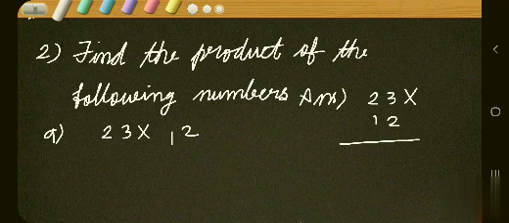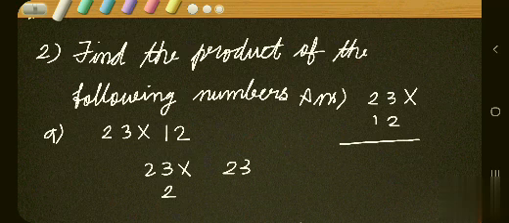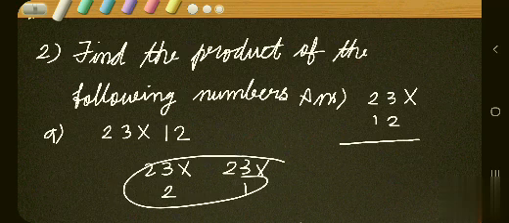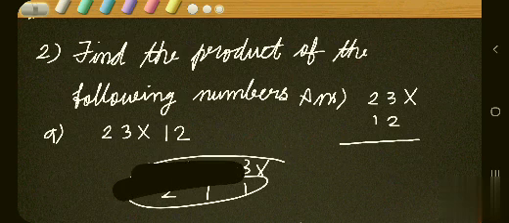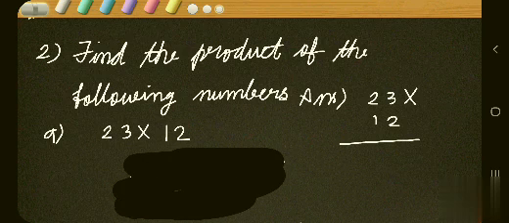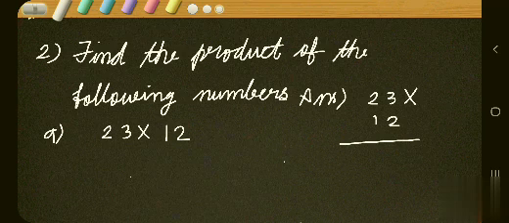In that, first we have to multiply 23 by 2. Then down we have to multiply 23 by 1 and then add these two. That is the rule. So what to do?